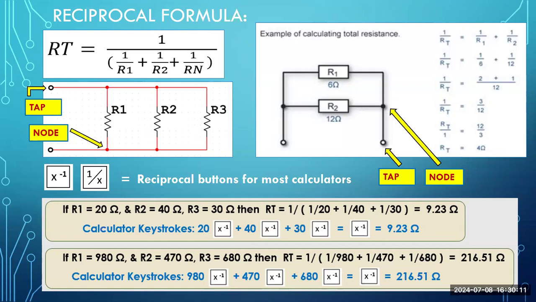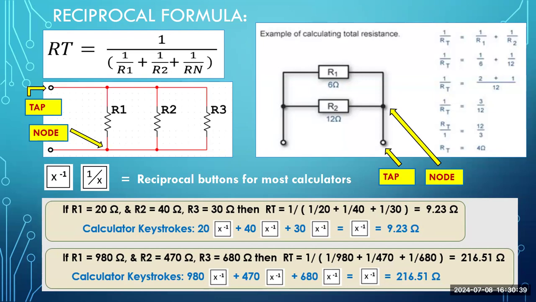So RT is shown in the upper left-hand corner as being equal to this giant fraction. You have 1 over 3 different reciprocals. So you have 1 over the sum of the reciprocal of R1, reciprocal of R2, reciprocal of R3 right here. And the formula itself may look intimidating, but it's actually quite easy on your calculator.